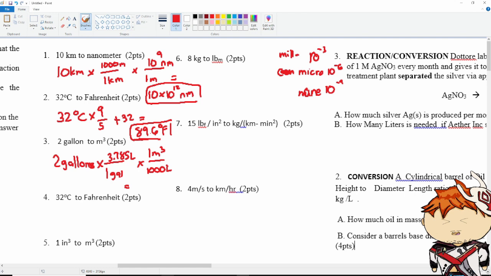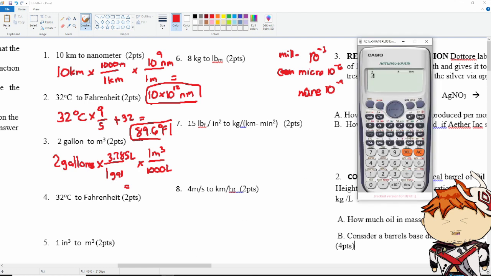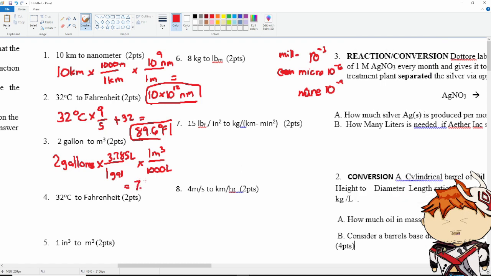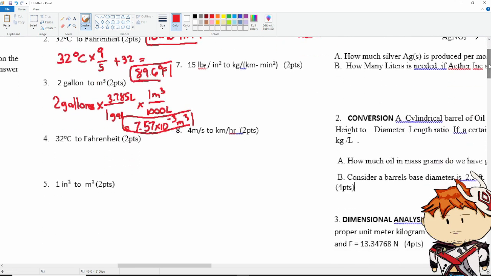So the answer is 2 times 3.785 times 1 divided by 1,000, which is 7.57 times 10 to the negative 3 meter cube. Okay, that is the converted.